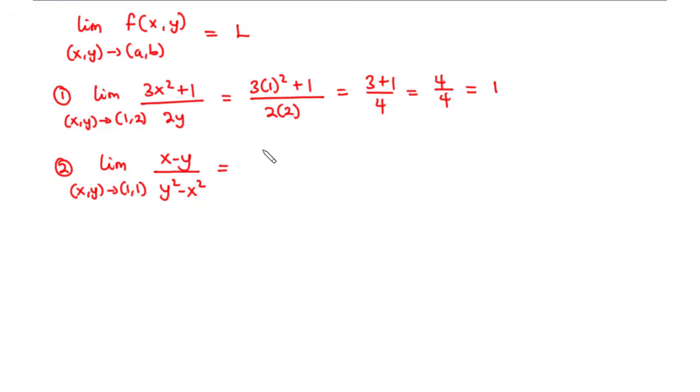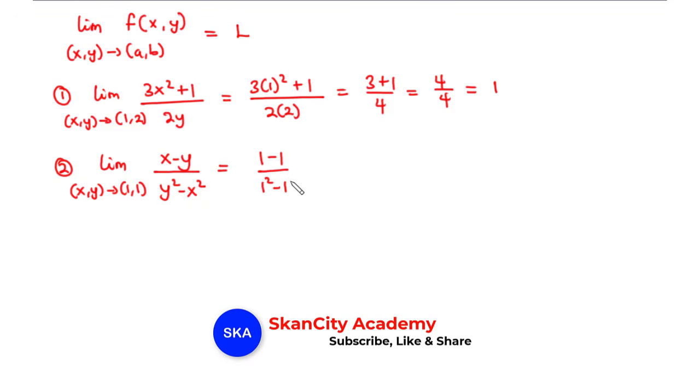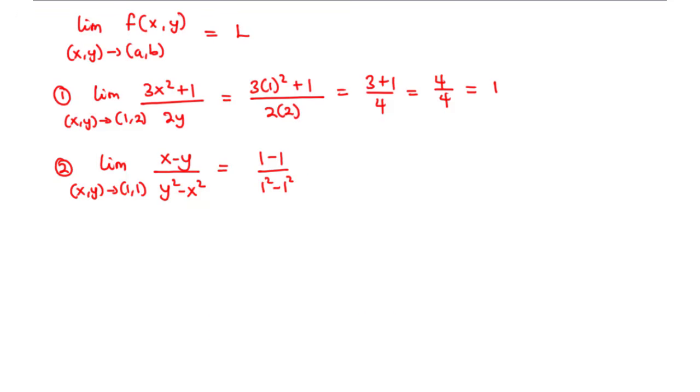Here we have 1 minus 1 divided by 1 squared minus 1 squared. This becomes 0 divided by 0, and this is indeterminate. We don't actually know what this value is equal to. Since this is indeterminate, direct substitution does not work here. So let's try to do factorization.